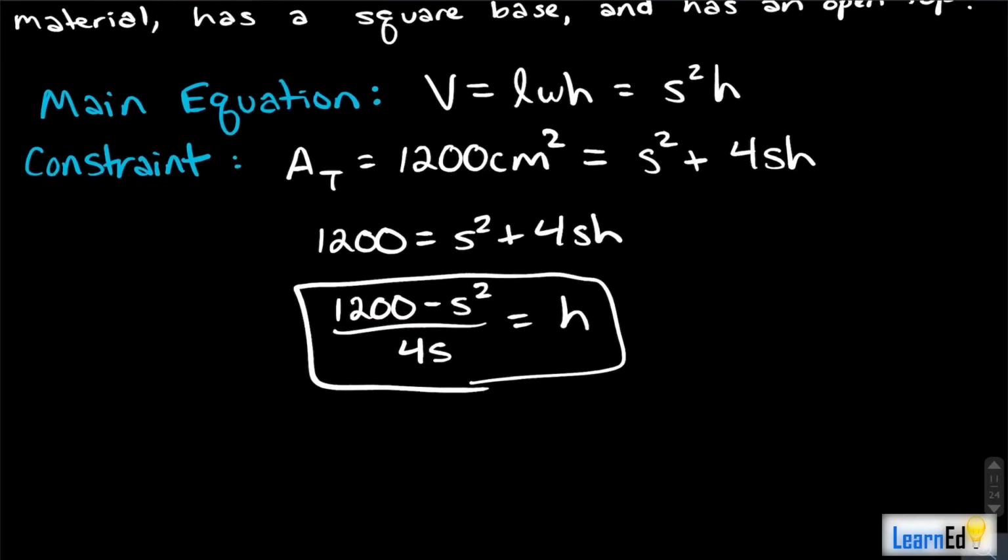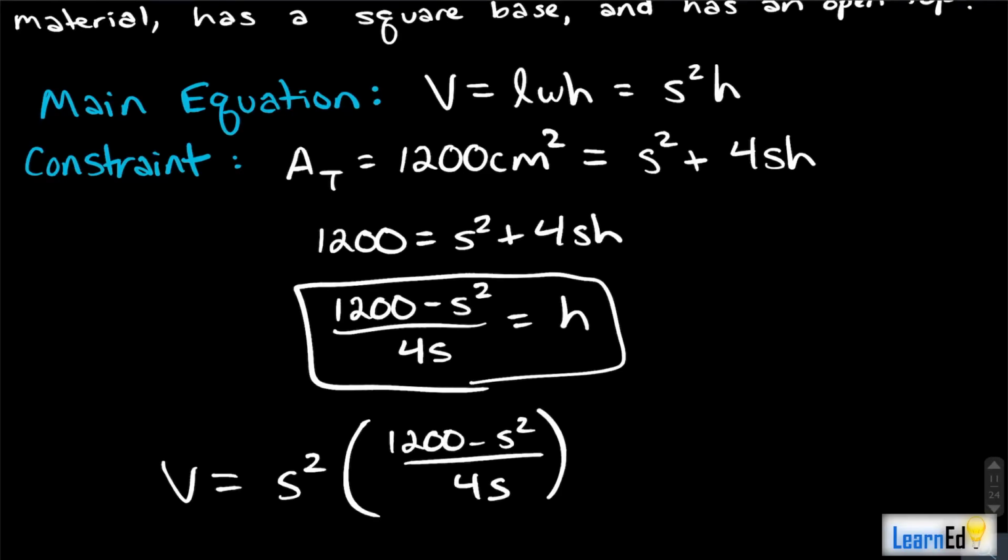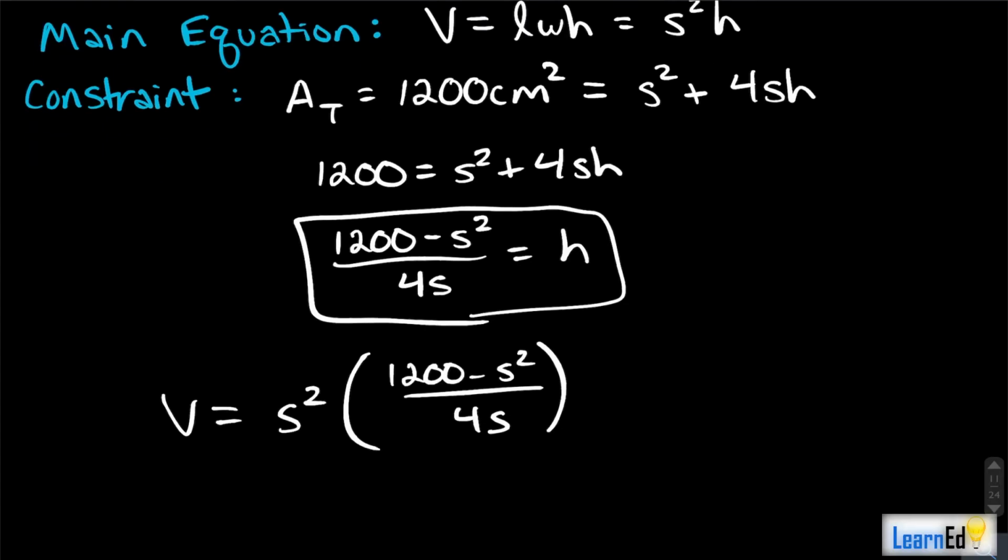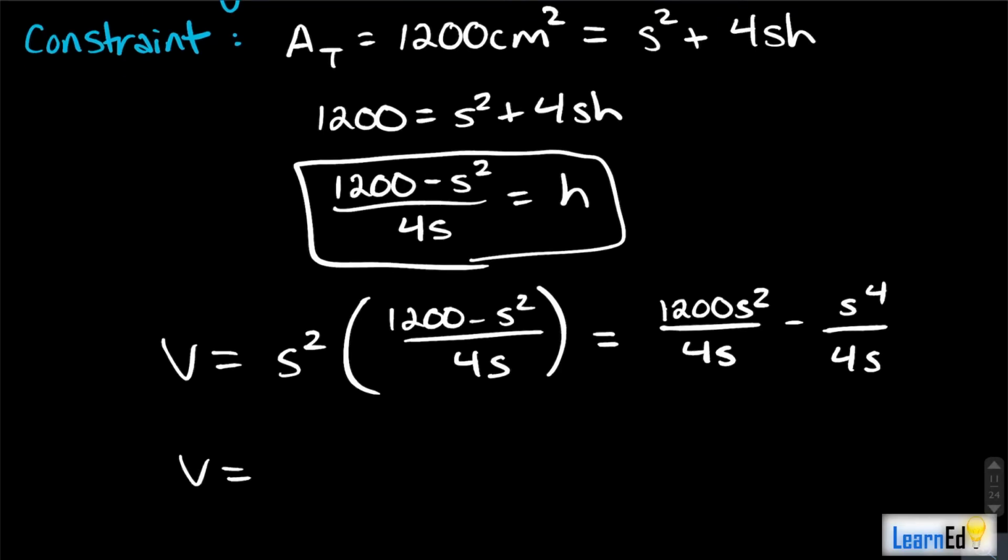Rewriting our volume equation, we get volume equals side squared times h, which is now 1200 minus s squared over 4s. Okay, so we can rewrite this as 1200 s squared over 4s minus s to the 4th over 4s, which we can then rewrite as 300 s minus s cubed over 4.